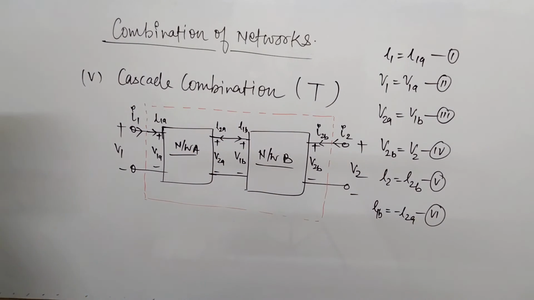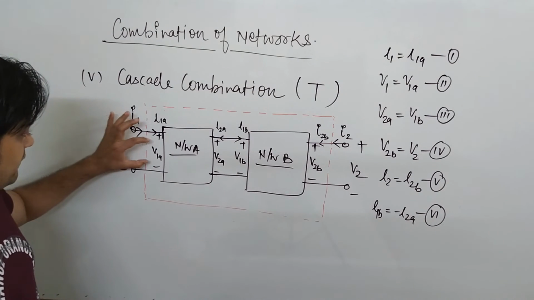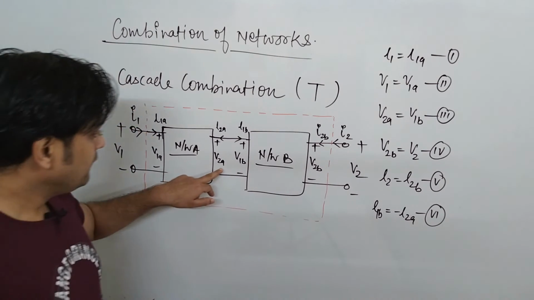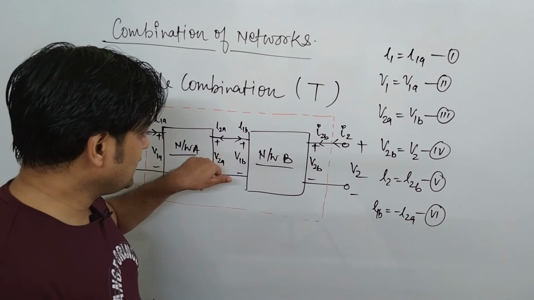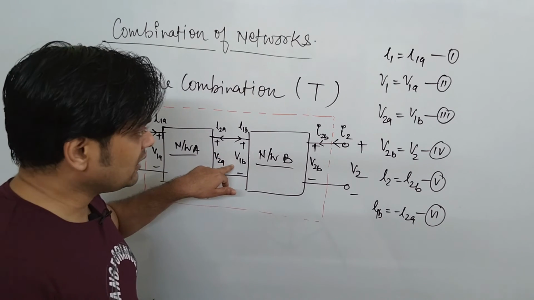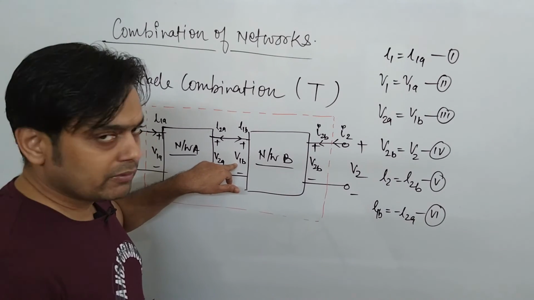So here exist 6 different conditions in which I1 and I1A are equal, yes, V1 and V1A are equal, yes. V2A and V1B are also equal, because if you apply KVL here, this voltage will become equal, just by simply applying the KVL law. So V2A is equal to V1B.